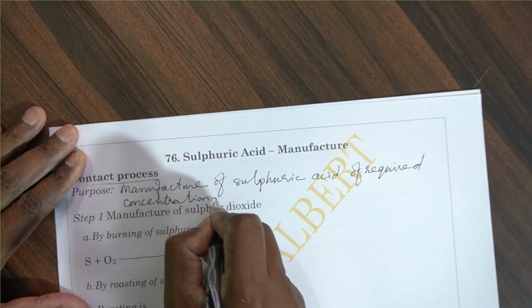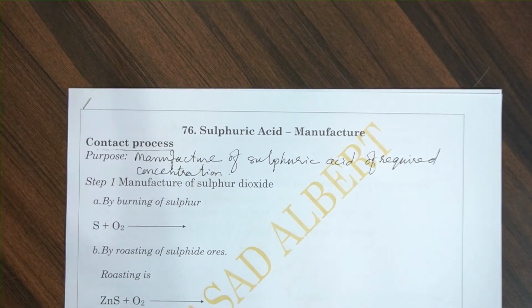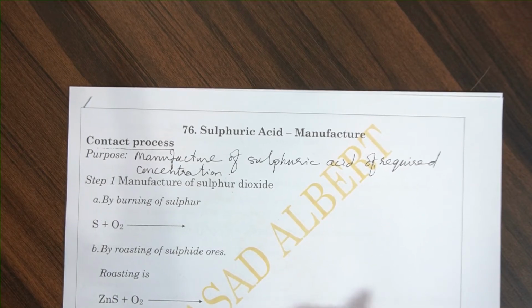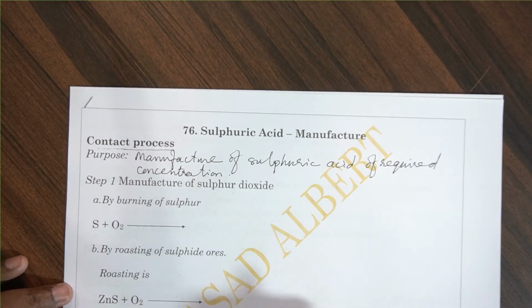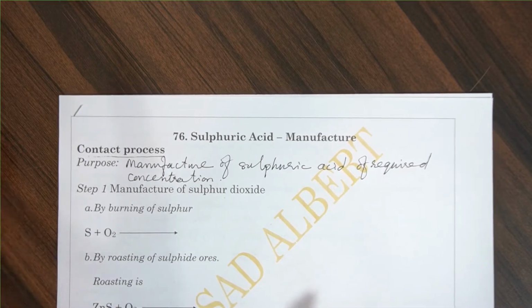If you simply say manufacture of sulfuric acid, it is an incomplete answer. You have to say manufacture of sulfuric acid of required concentration. Why do we say that? Because this contact process gives you any concentration you require. You can already determine what concentration of sulfuric acid is required for you, and then you can get it.